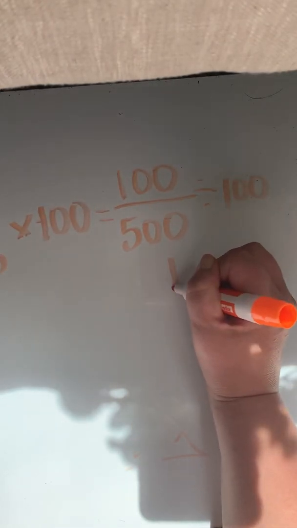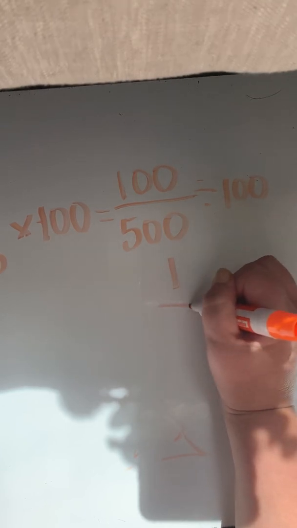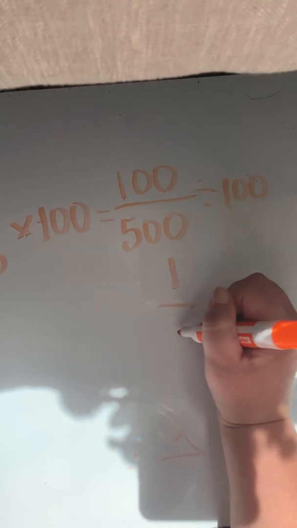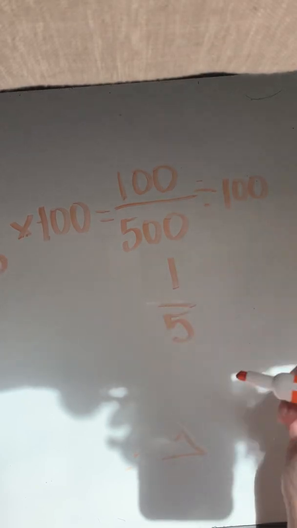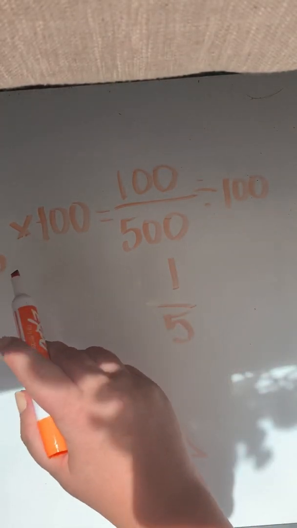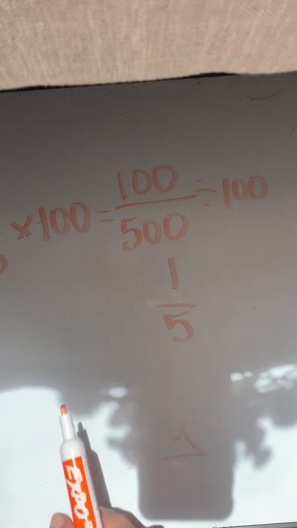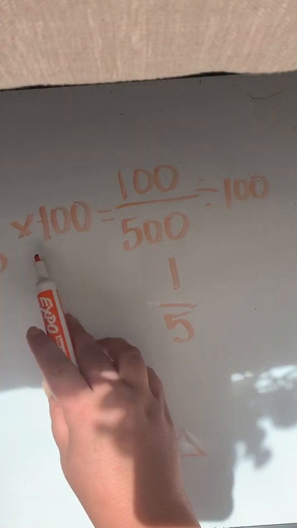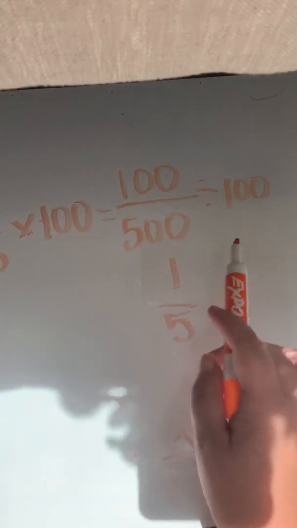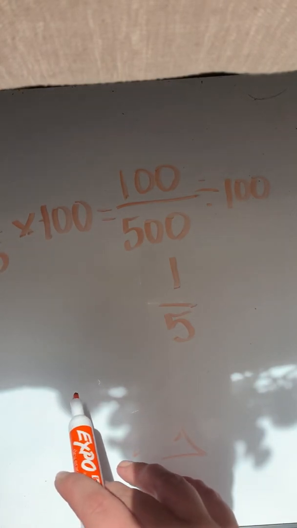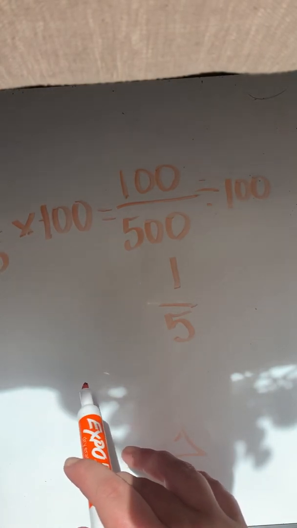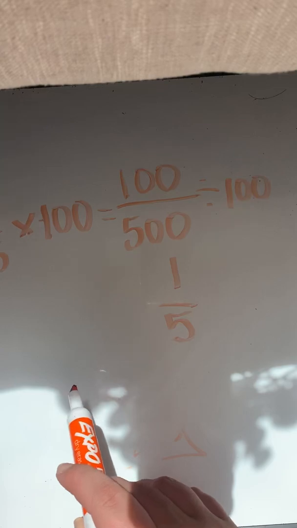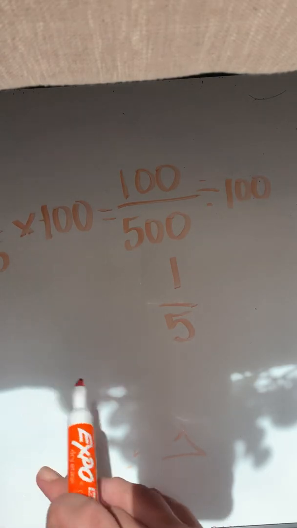And then from here, you could reduce that. So you could reduce it by 100. So then that would give you 1/5. Okay. I just wanted to show this to you so that you guys could see how you get from here. You multiply, this gets you here, and then you could divide here. But anyways, this would equal 20%, okay? I'm going to show it to you the original way because I think that that's going to be easier for you.